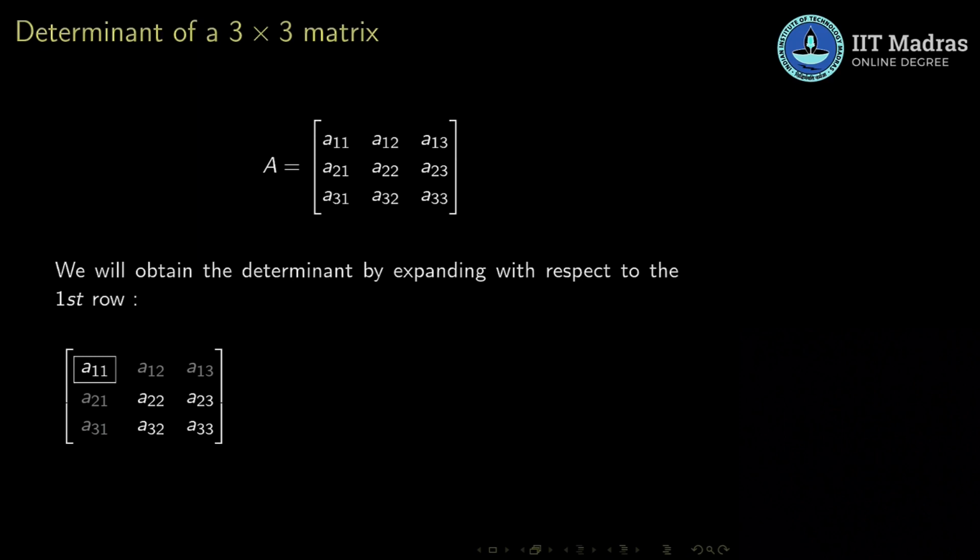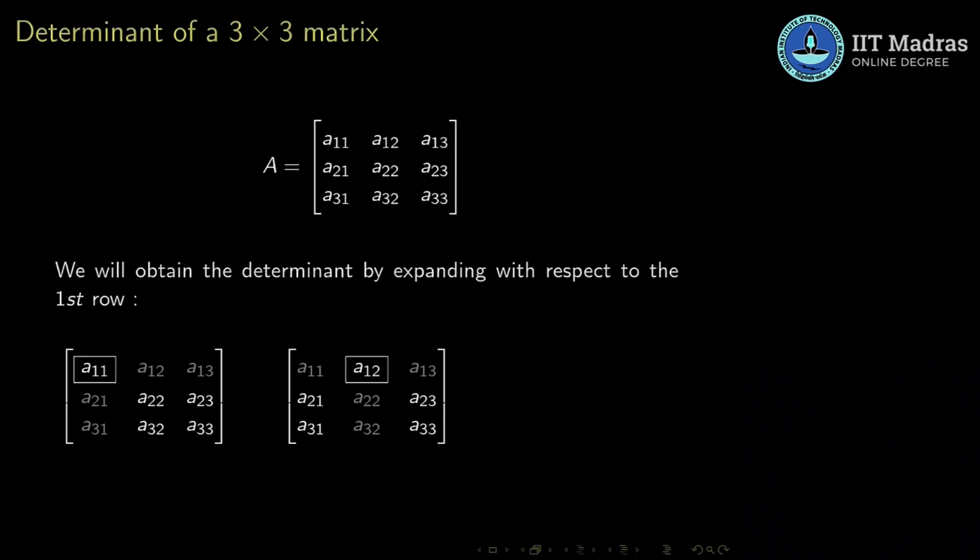Okay. So, what do we do in the first row? We write these three new expressions. You can see A11 highlighted here, and the entries in the first row and the first column have been deleted, so they are not as bold as the others. Similarly, for the next entry in the first row, A12, we look at the entries other than the ones in that row and column.